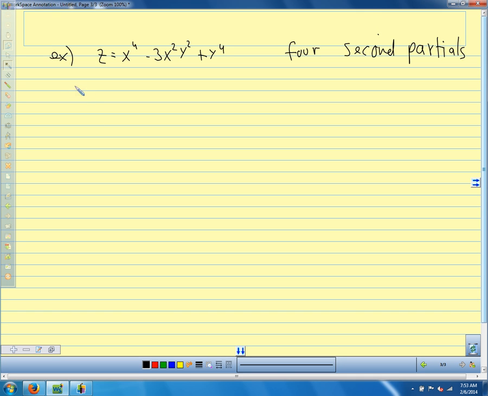So let's find our first partials, dz dx. So what's dz dx going to be for this function? 4x cubed minus 6x y squared. And our y to the fourth is constant, so that's all we have.